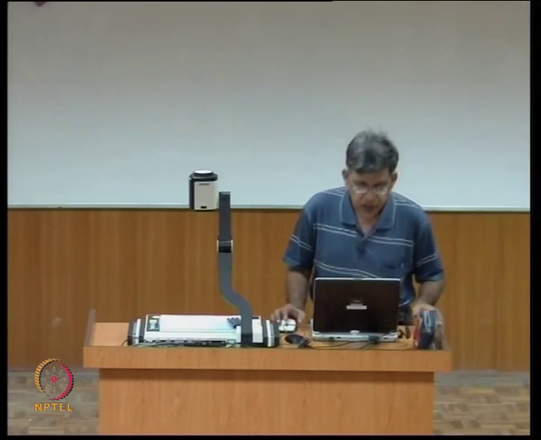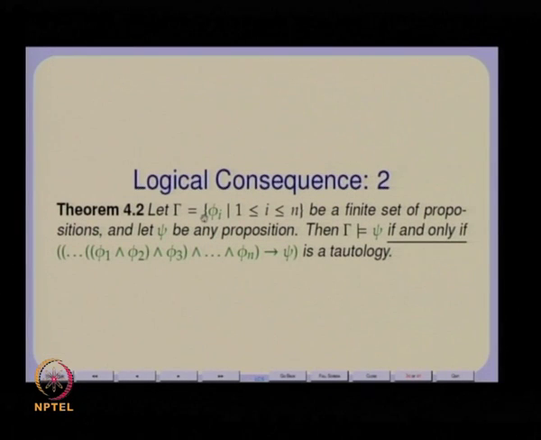Let us look at something that is actually fairly obvious, and the whole purpose of proving this theorem is to establish how from the semantics one can derive certain meta truths about the meta concepts that we are defining, about some of the logical concepts.